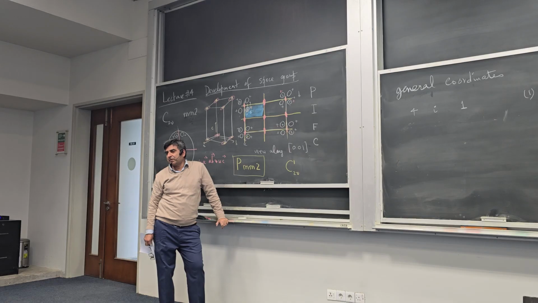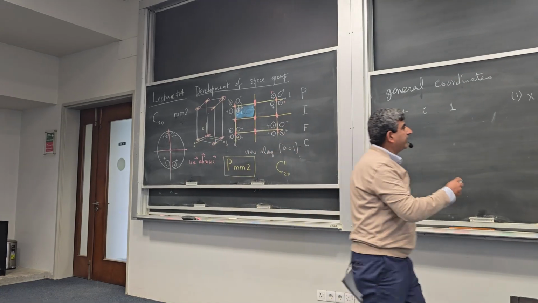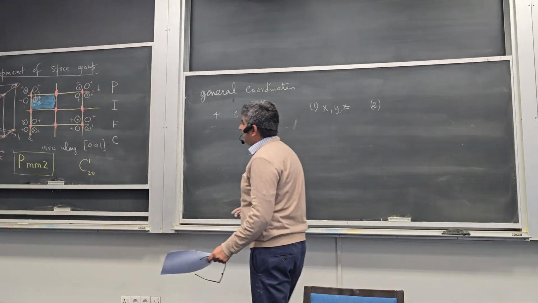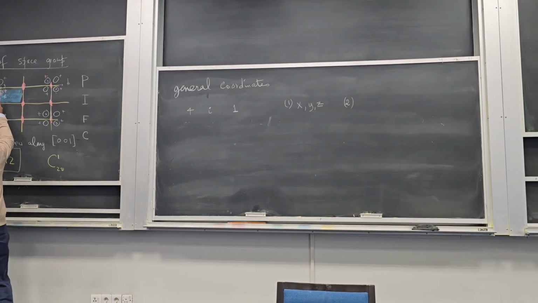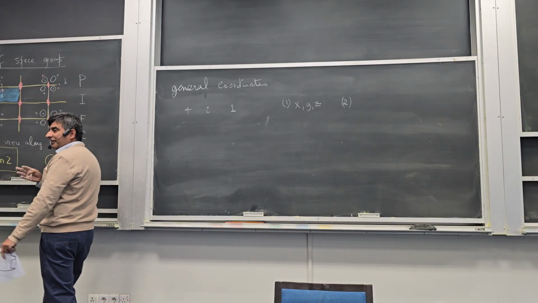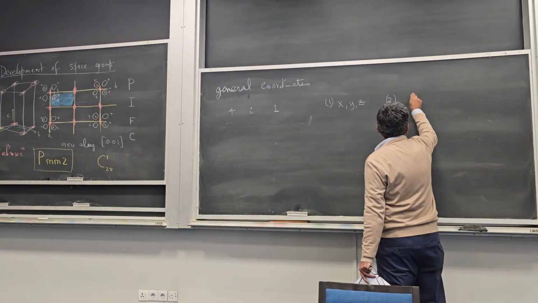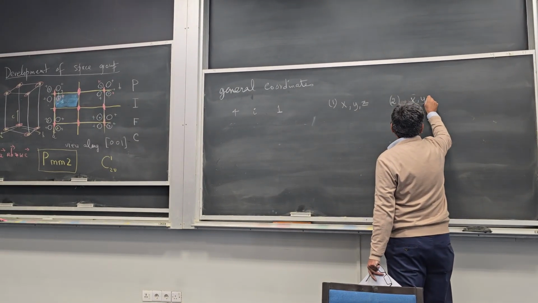Otherwise you do not have the P M 2 space group. So if this is one point, you must have a point over here: x bar, y, z. x bar is shorthand for minus x. You must have x bar, y, z.